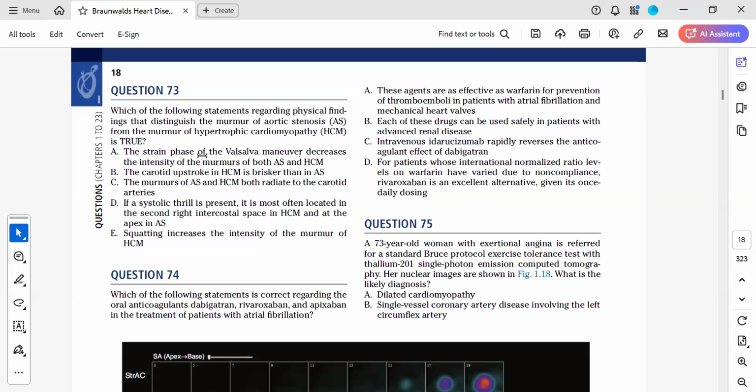Considering this option, they are not good for mechanical valves when treating AFib.